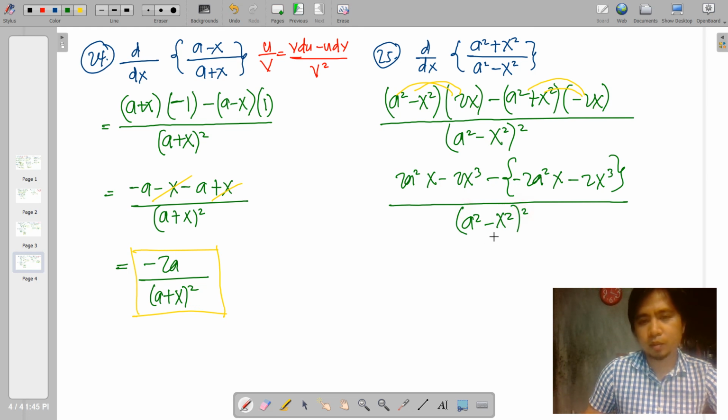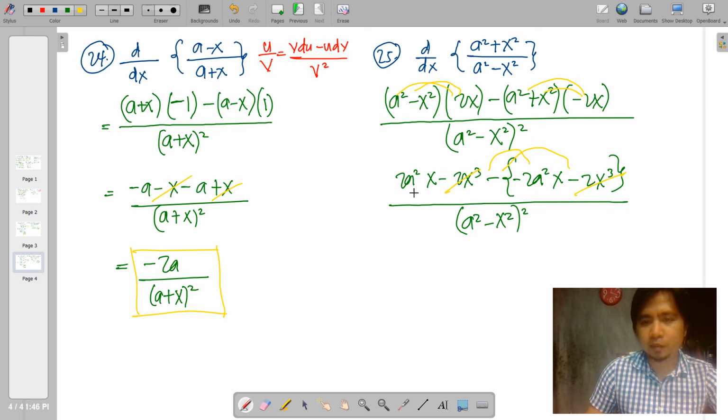Squared. Okay, so in here, if we're going to distribute the signs, this will become positive, ano? Positive, of course. Pag naging positive yan, cancel na yon. And then, this shall also become positive din, ano?